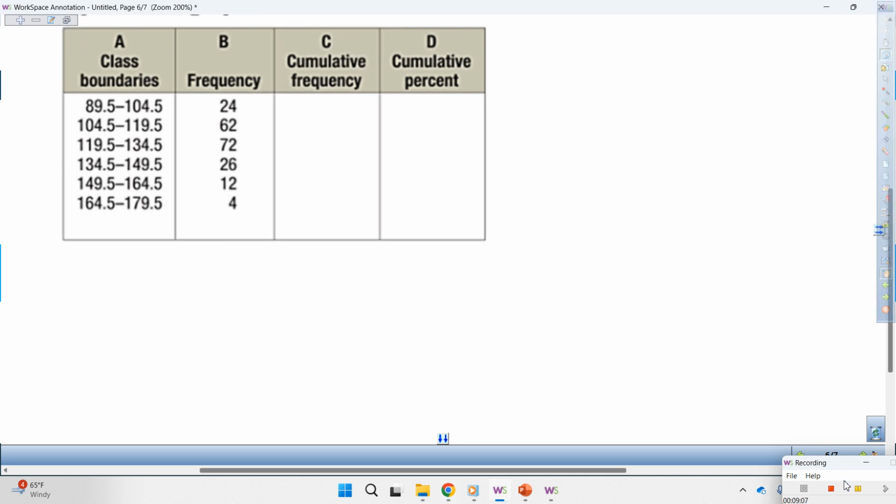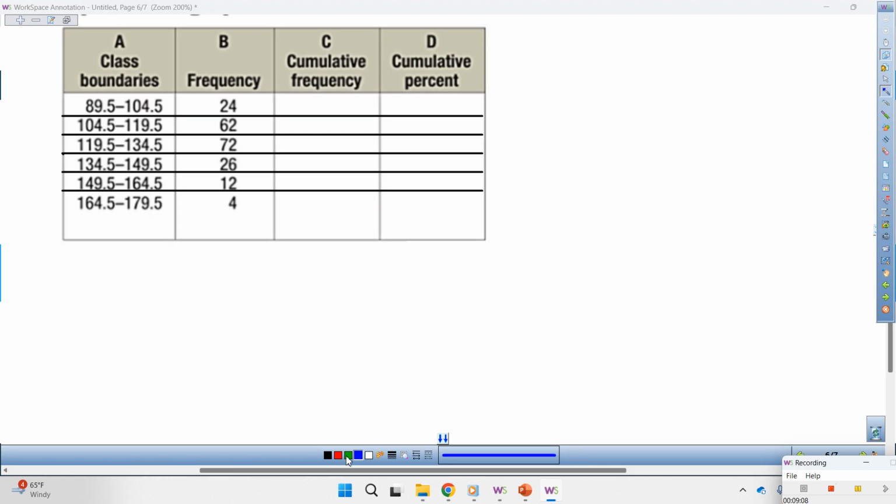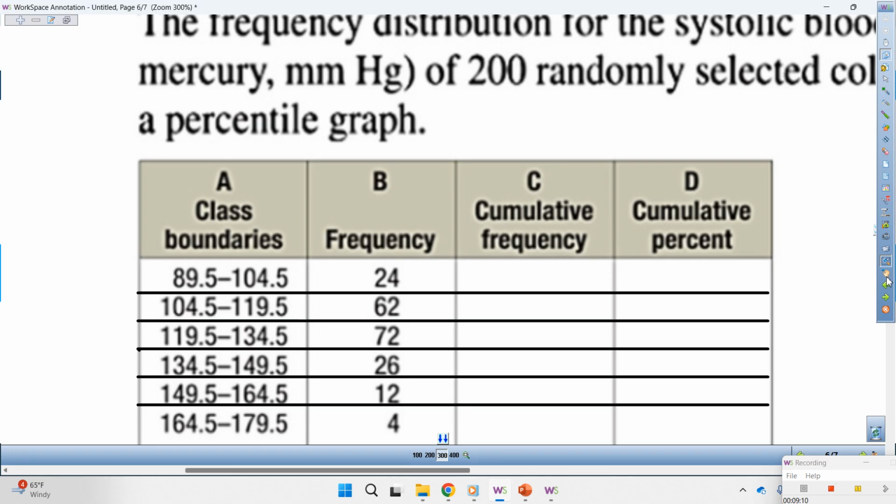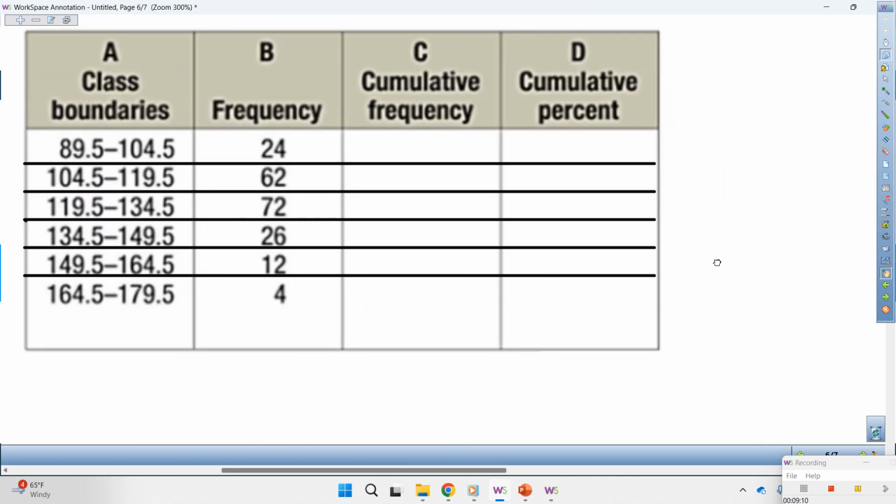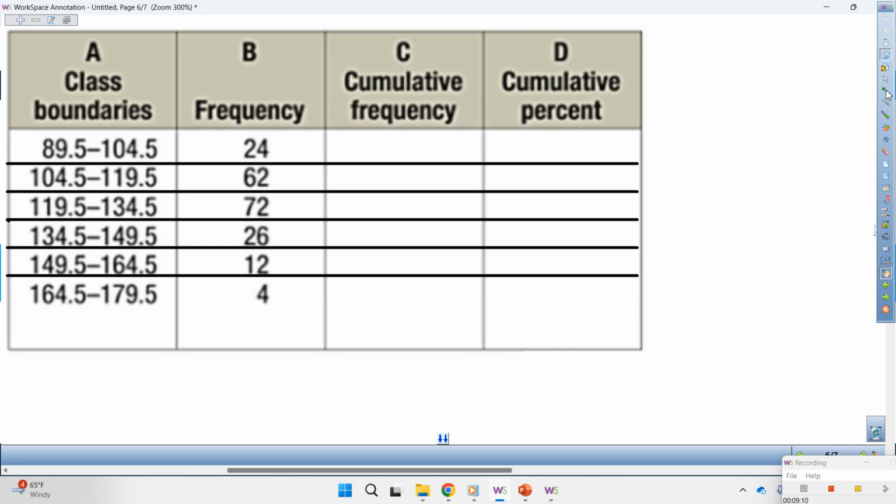All right, here we go. I'm going to zoom in just so that you can see the work. So to get us started, we're going to start with the cumulative frequency, and I'm going to start with the color green for this column, cumulative frequency, or C of F, okay?